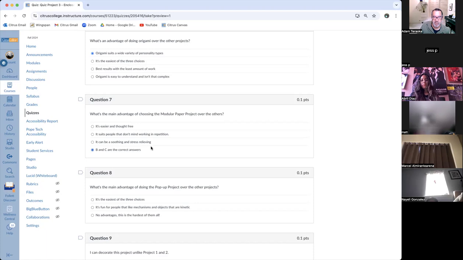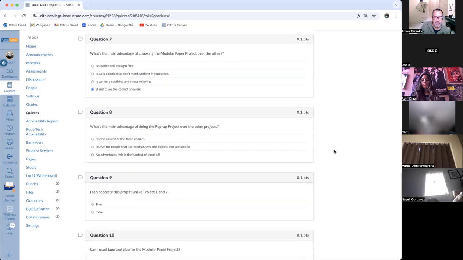So I invented this project, or I adjusted it, so that people around you could help you with the project in terms of making the modules. I was trying to come up with projects that were less stressful or stress relieving, and so that's why the modular paper project exists.